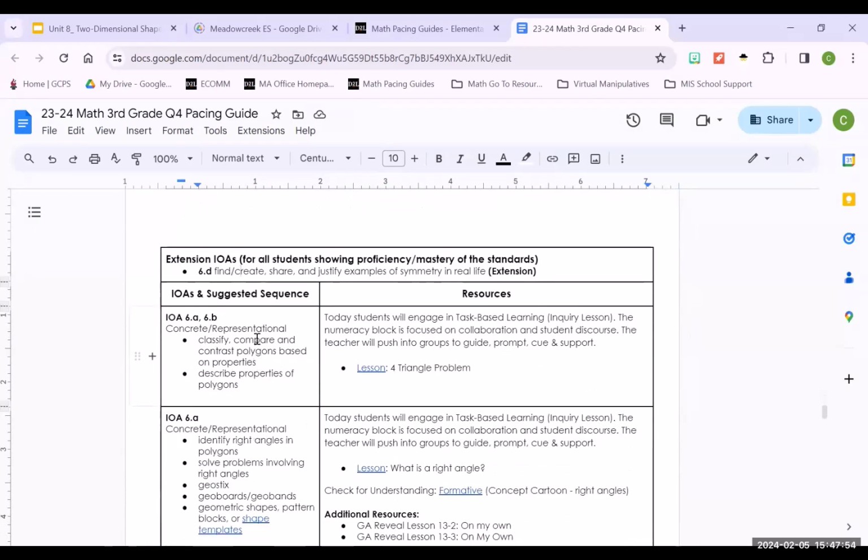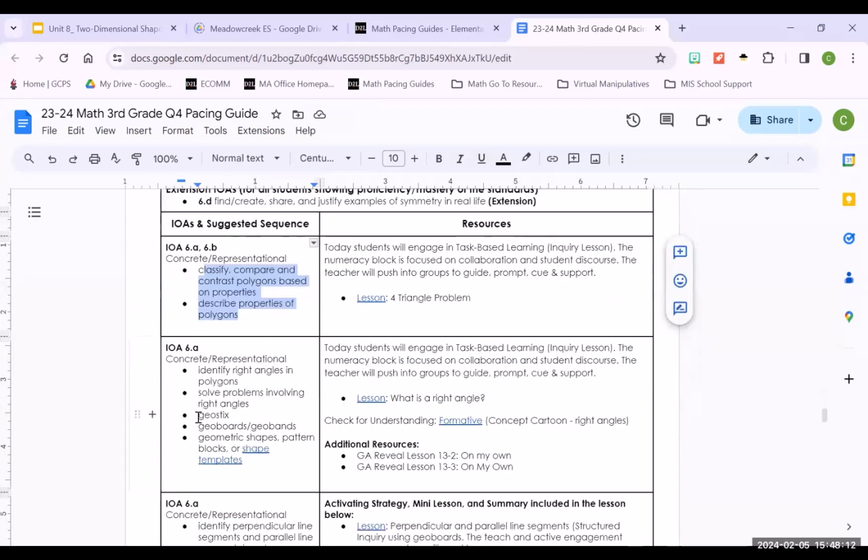Don't forget the left column of the pacing guide lists the progression of an IOA through the concrete, representational, and abstract strategies. The bullets also indicate the learning objective for the day, as well as the manipulatives or tools that students will need for this day's particular lesson.